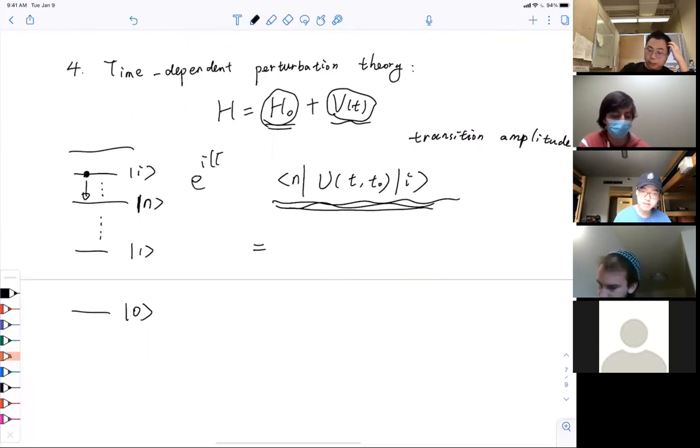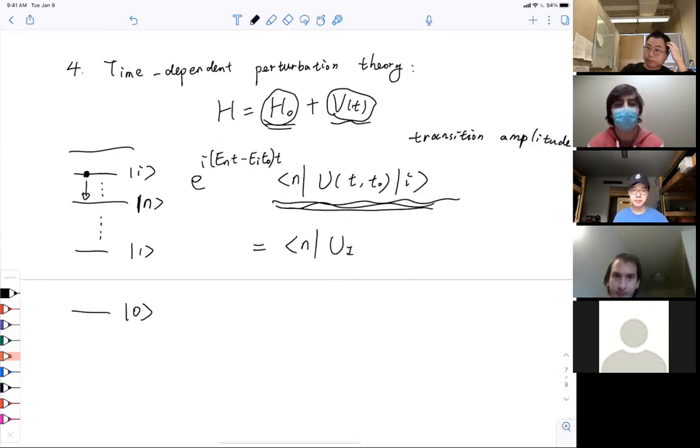We really don't care about the phase factor because the transition probability is independent of it.